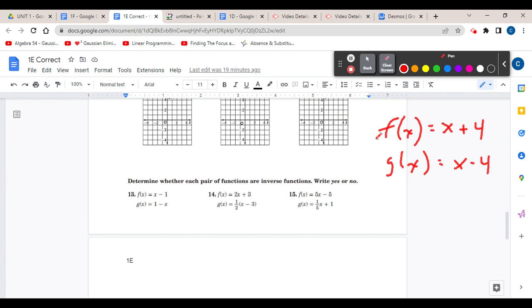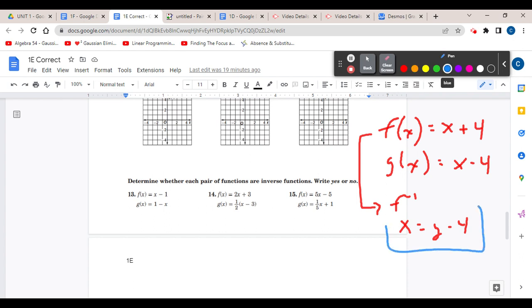We write the inverse of f as x equals y minus 4. And we also have g of x equal to x minus 4, so we can see if these two are inverses of each other.